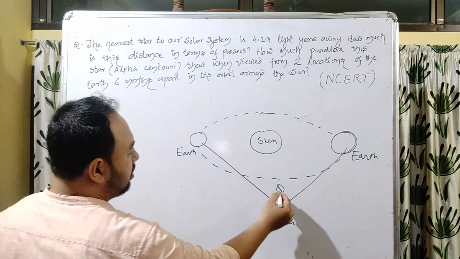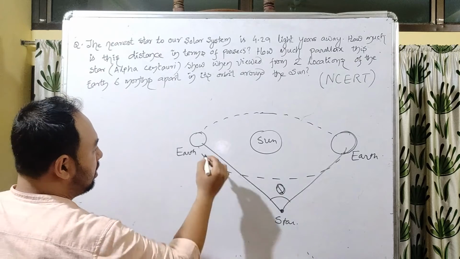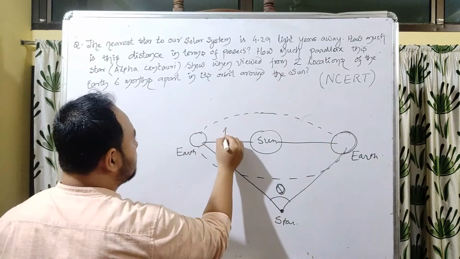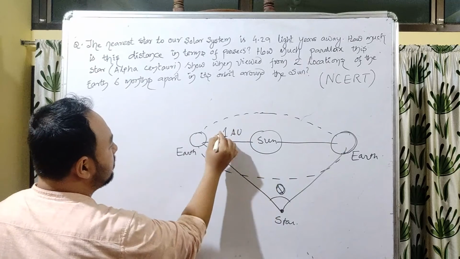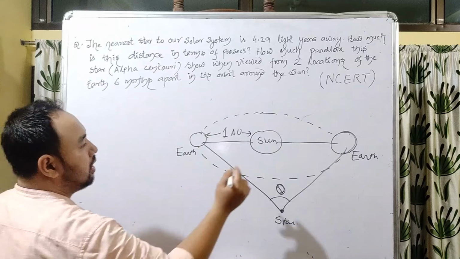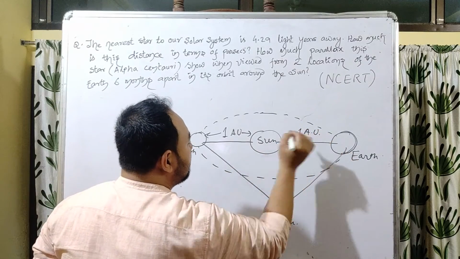So the diagram will be somewhat like this, and this is the parallax. Okay, so in order to calculate the parallax, we need this distance. This is 1 astronomical unit up to here, distance between the sun and the earth, and here again it is 1 astronomical unit.